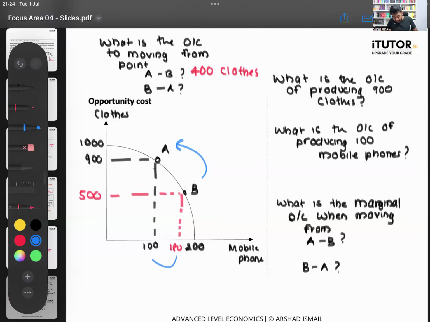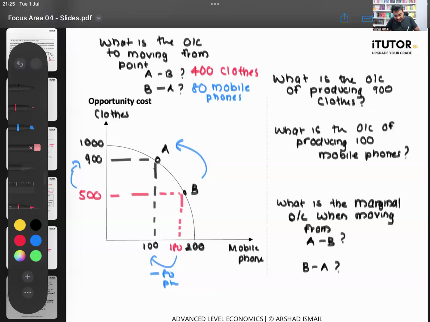You're going to 100 phones, getting 400 clothes. What are you giving up? That's your opportunity cost here. You're giving up 80 phones. That is your opportunity cost. So here the answer would be 80 mobile phones. Right. That's how you answer the first one. Done.